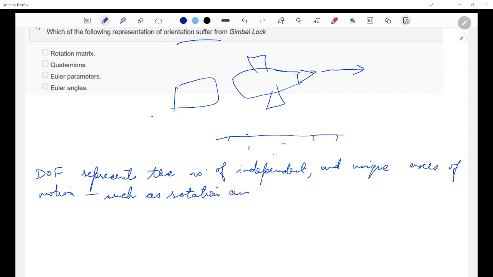Okay, so a higher degree of freedom allows greater flexibility, greater reach, and dexterity for complex tasks, whereas lower degrees of freedom are typically used for simpler, faster, and more efficient applications, but in that case they'll have it reduced.